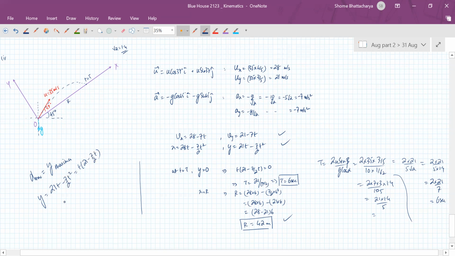So you can see that Y as a function of time varies like this, that this is 6 seconds, this is 0. So it will reach maximum value at 3 seconds.